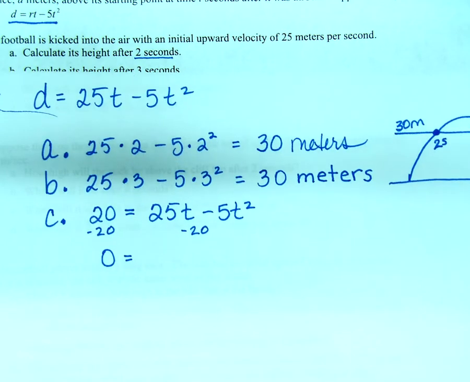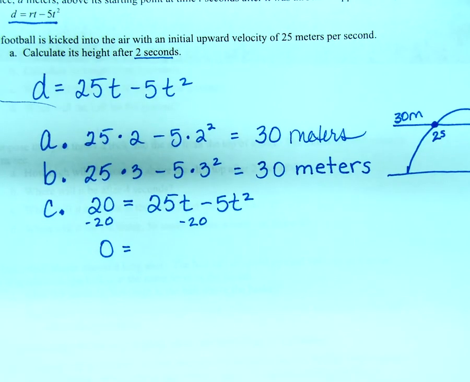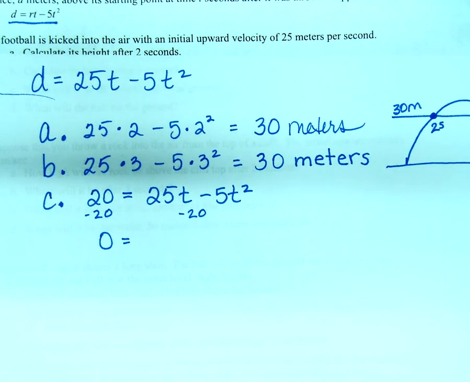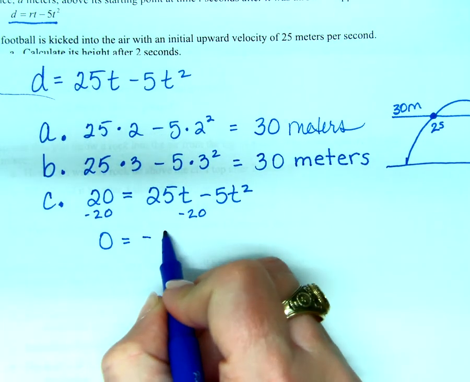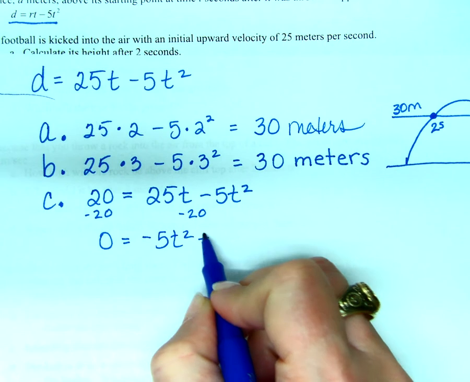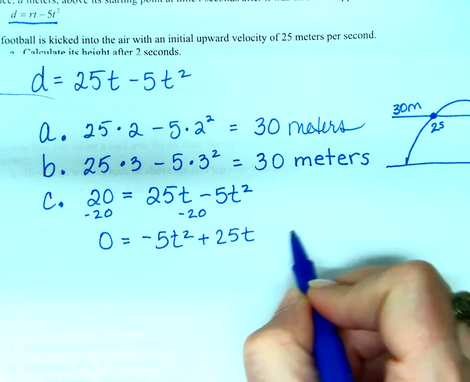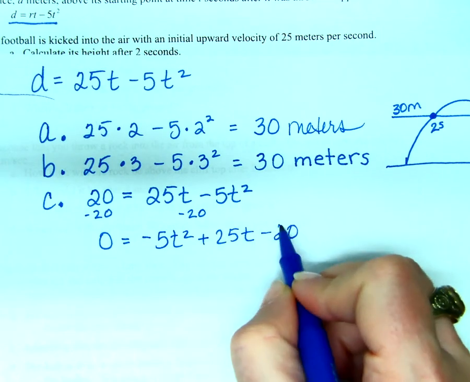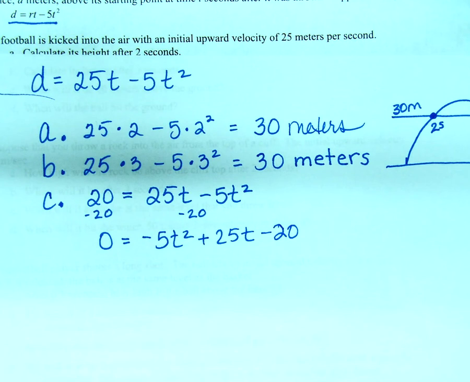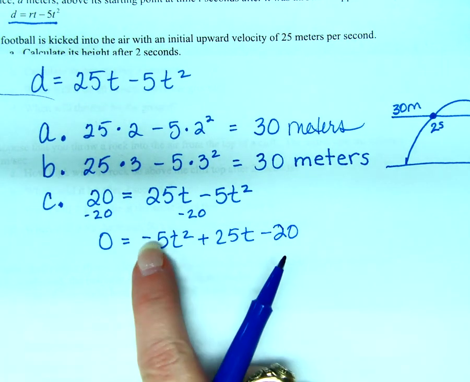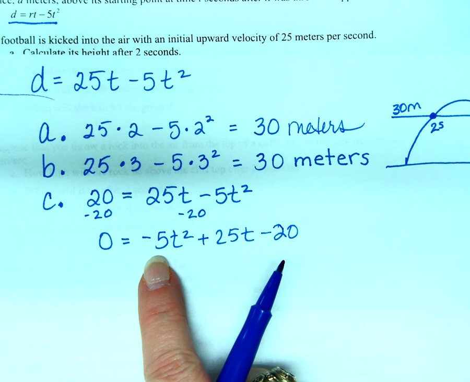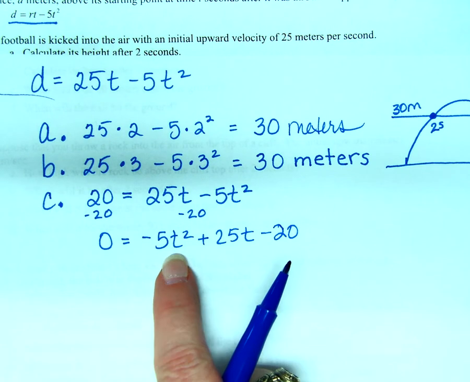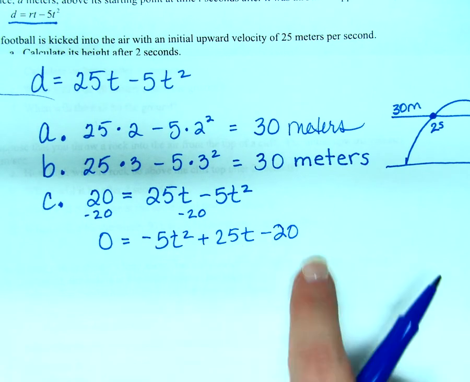Now, is it all right in our next step if we go ahead and get it in order? What should the order be then? How do we know that's the right order? And -5 is the biggest? Oh, the exponent. My t squared is the biggest, and then my t, and then my constant, right?